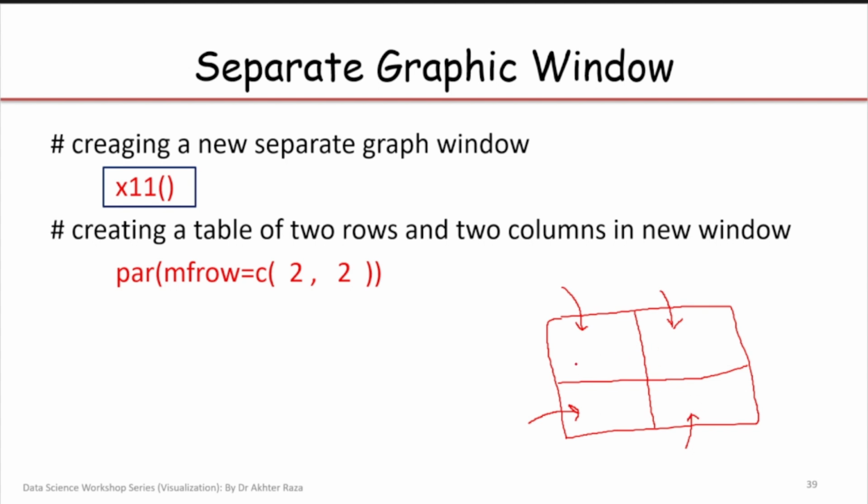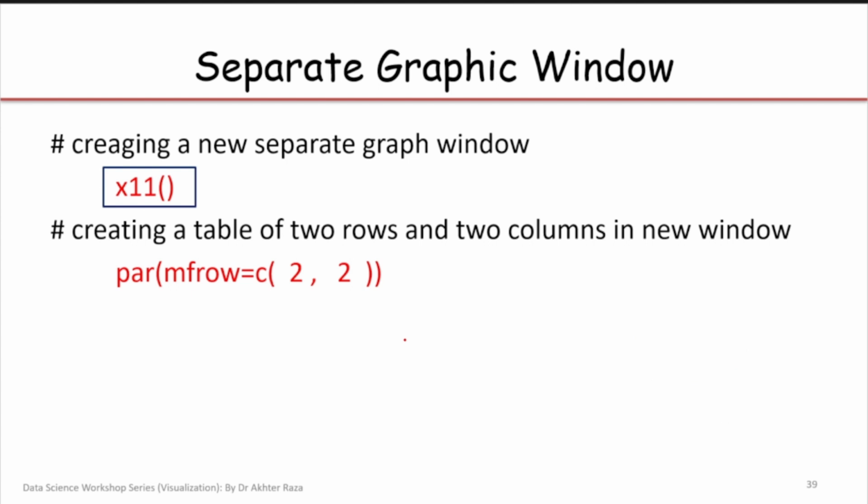These 4 segments will be used for the next 4 subsequent commands. If you want to split this new window into 3 by 3, just number of rows 3, number of columns 3. So instead of a 2 by 2 window, we will have a 3 by 3 window in that.